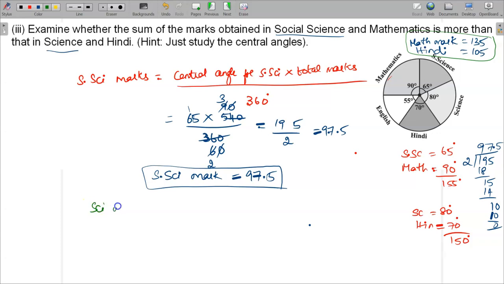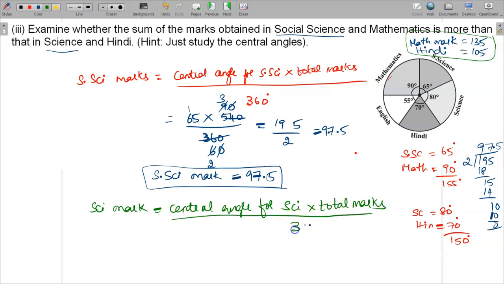Okay, so science mark is, again, what is the formula? Central angle for science into total marks divided by 360 degree. Okay, which is equal to, what is the central angle for science? Central angle for science is 80. Okay, so 80 into you have 540, right? 540 is the total mark.